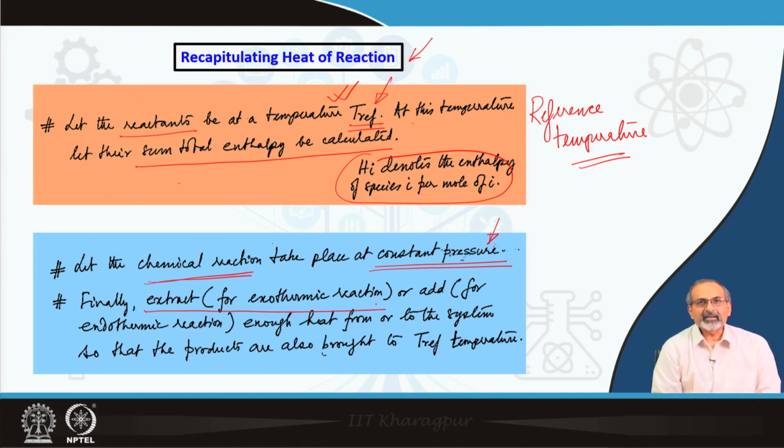Finally, we have to extract or add, based on whether it is an exothermic reaction or an endothermic one, enough heat from or to the system, so that the products are also brought to the T reference temperature. In fact, all the way as the chemical reaction progresses, this T reference temperature has to be held constant through a continuous heat exchange if required.